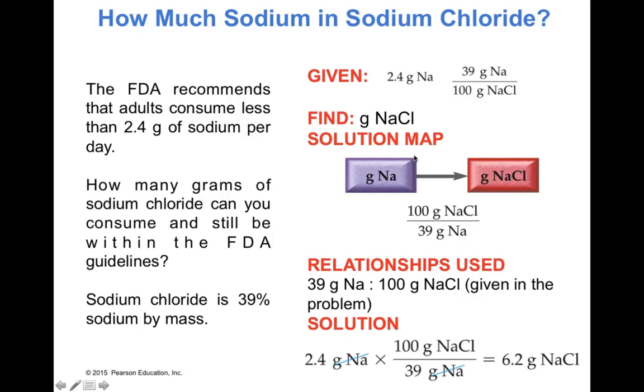So if we want to eat 2.4 grams of sodium, we need to really eat 6.2 grams of sodium chloride in our diet, in a way that we can consume the levels that the FDA recommended for adults.